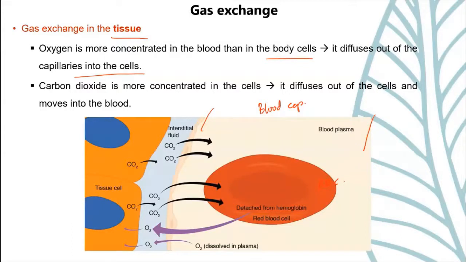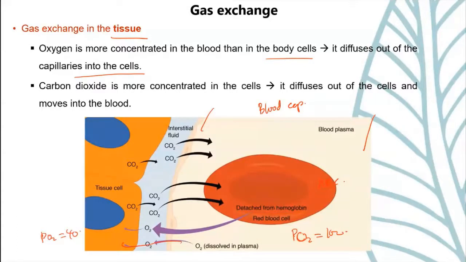In the blood capillaries, the partial pressure of oxygen is 100. The partial pressure of oxygen in your body tissues is 40. So obviously from 100 to 40, oxygen diffuses into your body tissues.